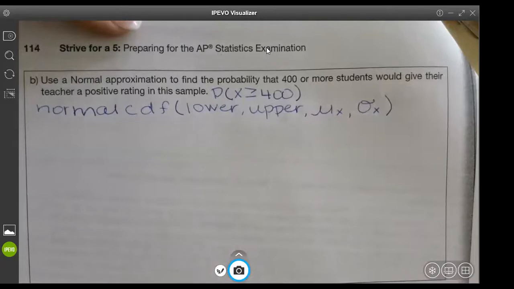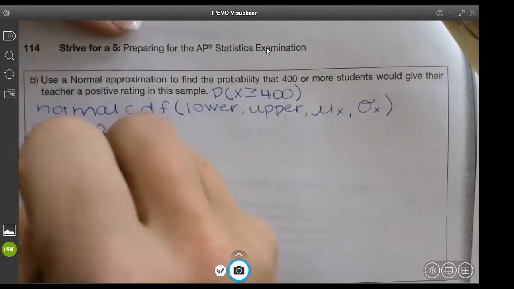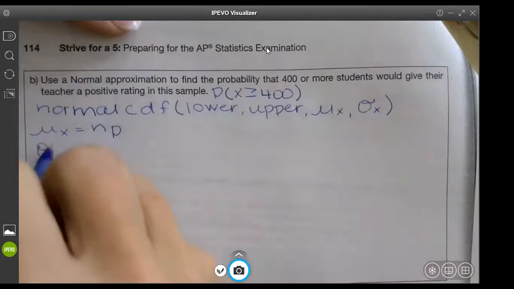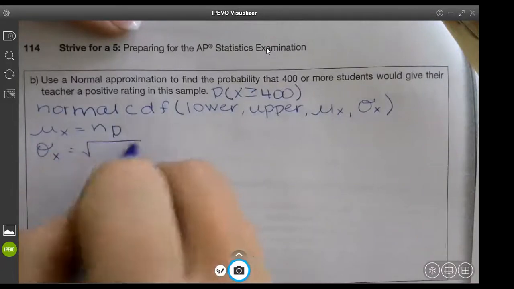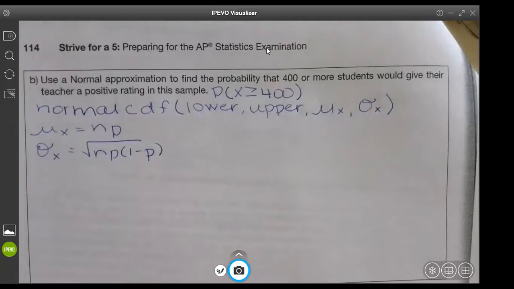So how do I calculate my mean and my standard deviation? Very good. My mean is NP. My standard deviation is the square root of NP(1 minus P). Very good. Ooh, I did teach you. Good job.